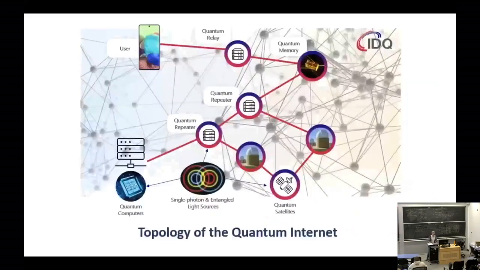And so that's where we go from the idea of point-to-point quantum key distribution to the idea of a quantum network that combines multiple quantum key distribution links into a single network. And users at any node of the quantum network can ask the quantum network to build end-to-end secure keys.